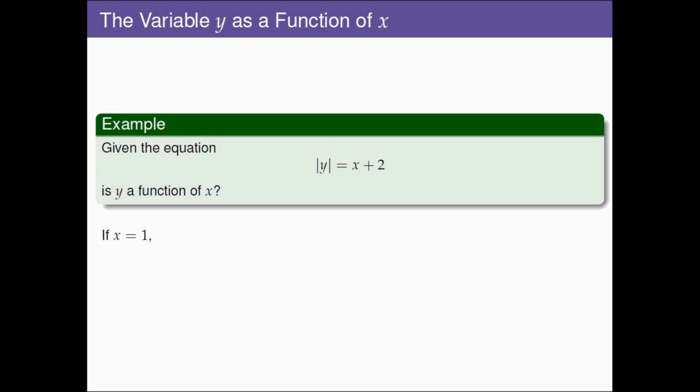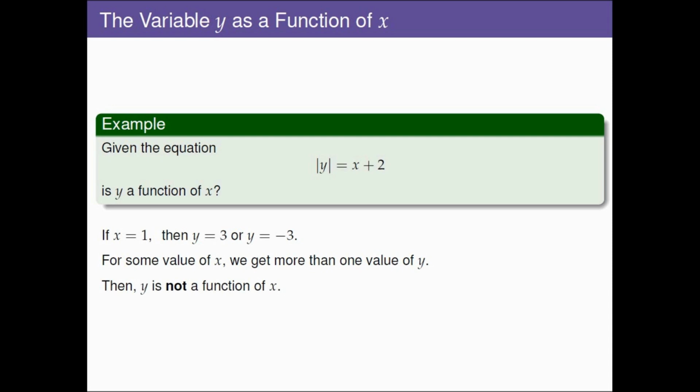And there are two real numbers whose absolute value is 3. y equals 3 or y equals negative 3. So for some value of x, we get more than one value of y, so that y is not a function of x.